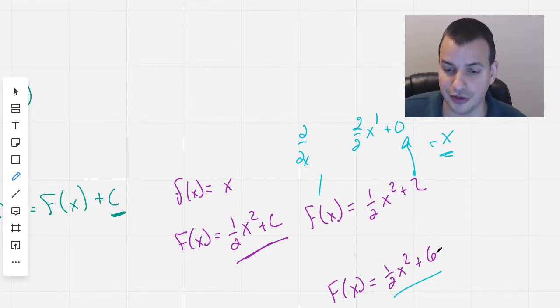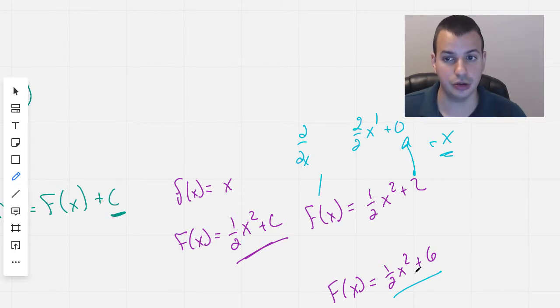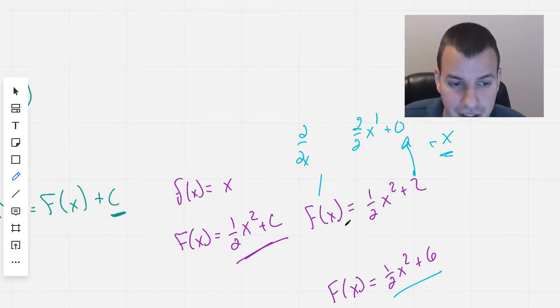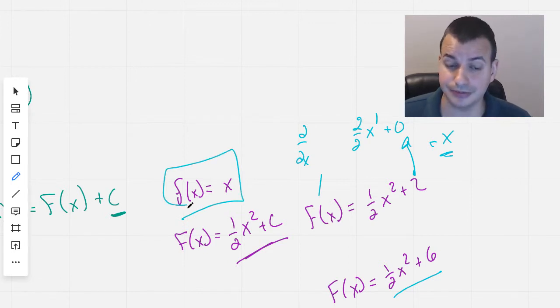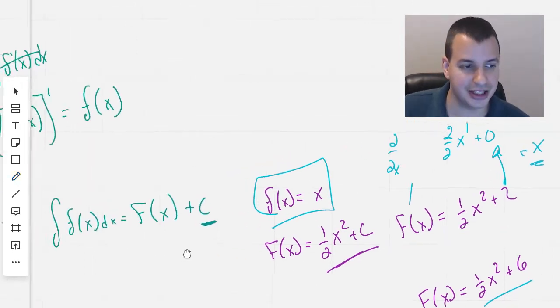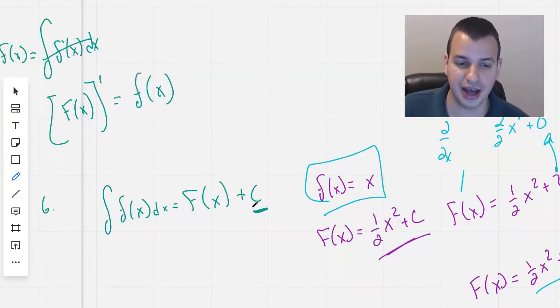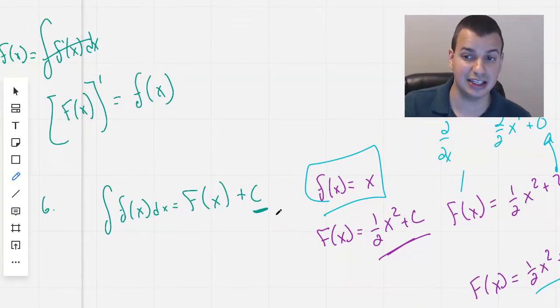You'd take the derivative of 6, and that would give you back 0. So all of these, when you take the derivative, will give you the same answer. And so they're all equally correct antiderivatives, which is why we would write this as 1/2 x squared plus c. So when you take the integral of a function of x dx, you have to include a constant c on there.